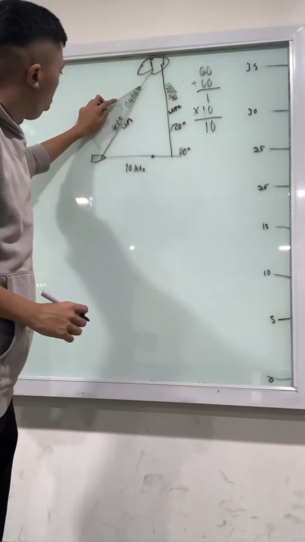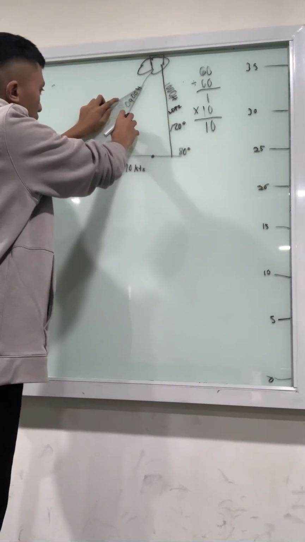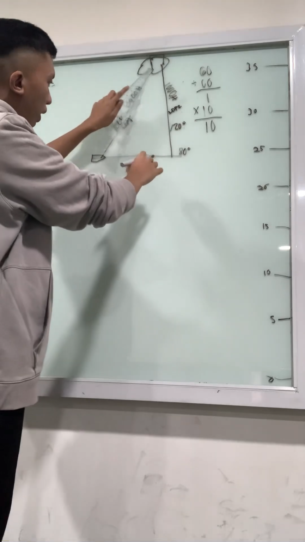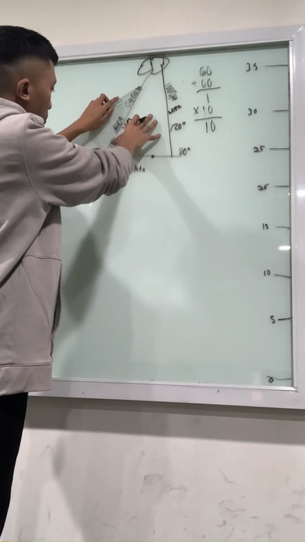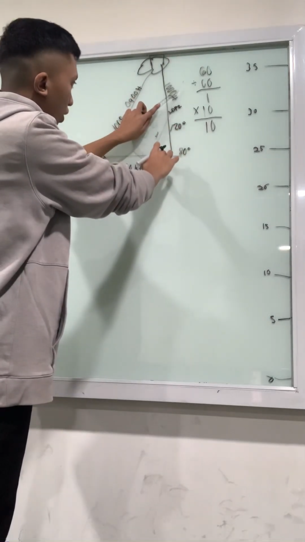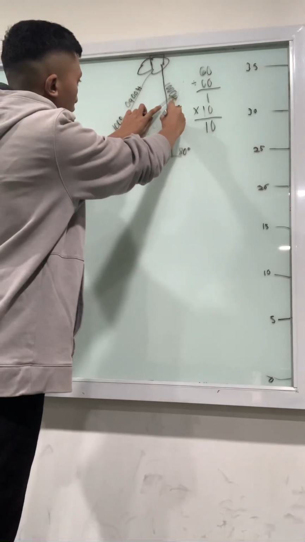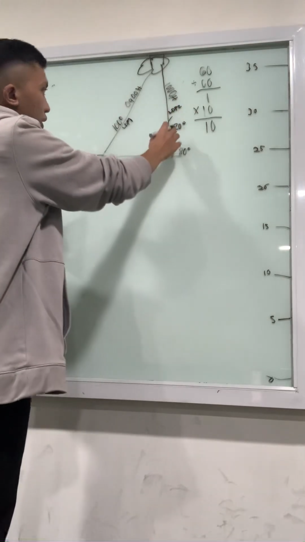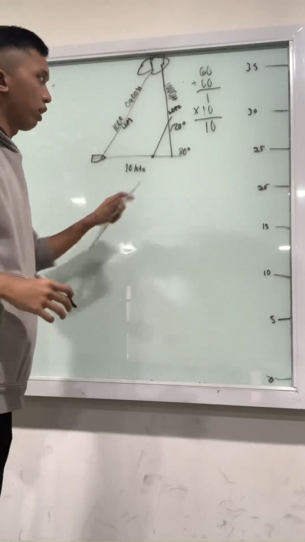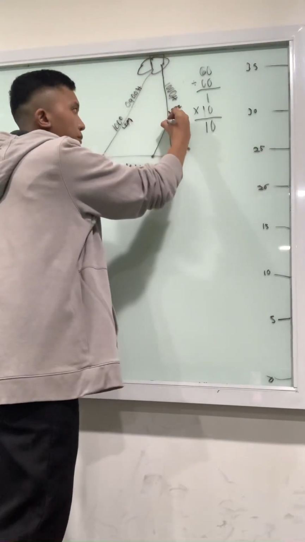I would use the LOP1 to bump it, to navigate it from here to get to here. And then this, as a 10, would be my dead reckoning here.